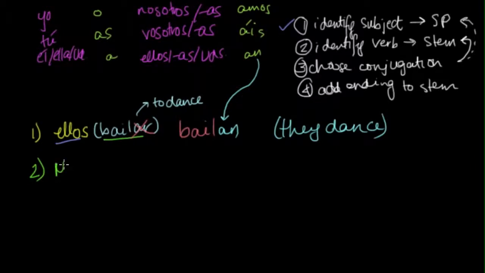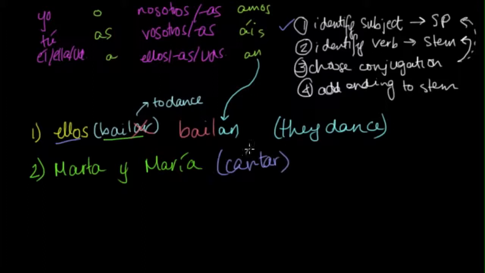All right, now let's try with some real people. We will have Marta y María, and they will sing, cantar, which means to sing. Okay. So first what we have to do is identify our subject. Well, we have our subject here, but Marta and María aren't on our little chart of conjugation endings, so we need to figure out which subject pronoun would replace Marta and María.